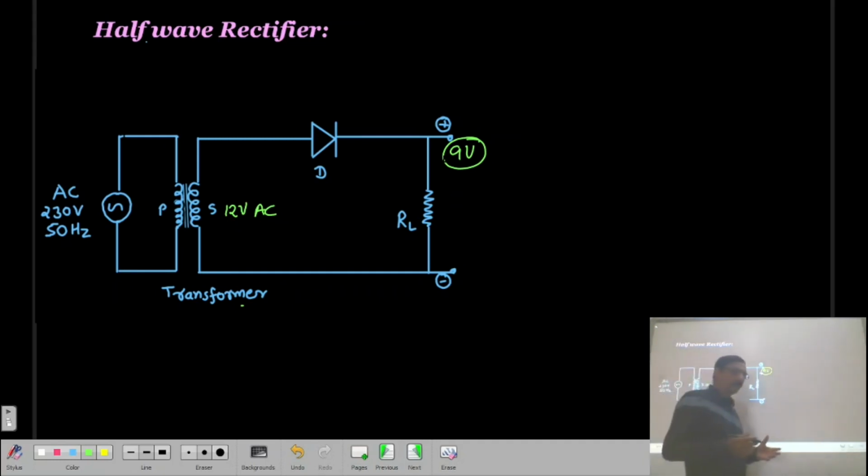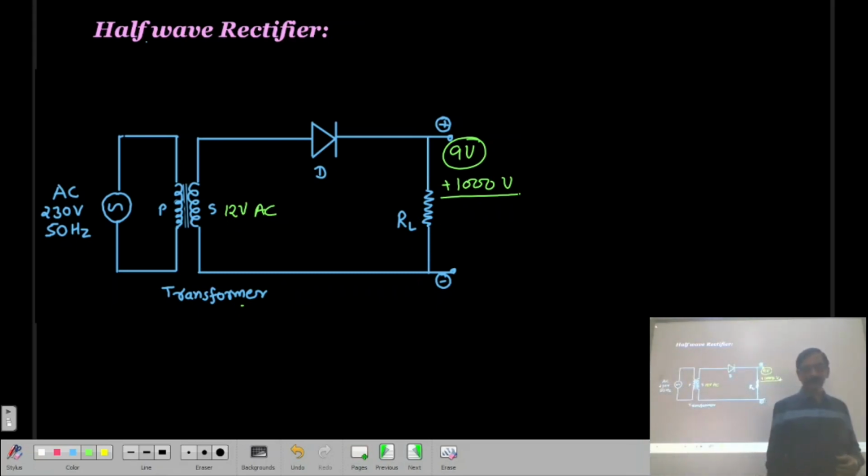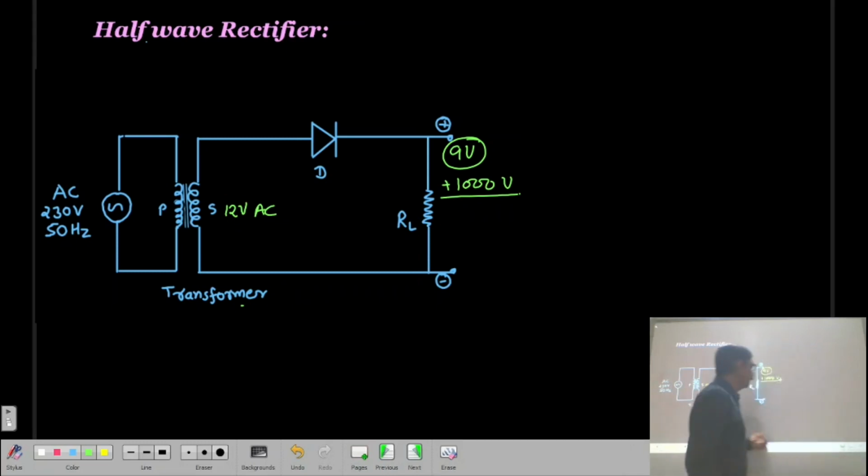Sometimes my required voltage is 1000 volt. Remember, there are certain applications where very high voltage is required, but my AC input voltage is only 230 volt. So what do we have to do? We have to step up the voltage, and therefore in that case we can use a step up transformer.